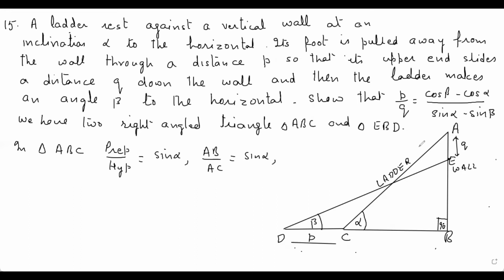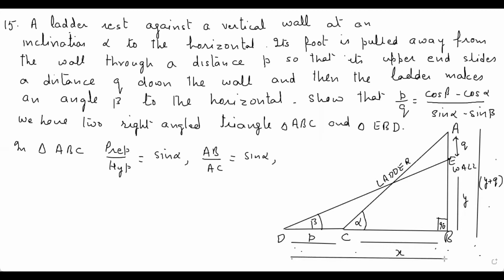Now let the length of EB be y and the length of CB be x. Then the length of AB will be y plus q, and the length of DB will be p plus x. If AE is q and EB is y, then AB is y plus q.